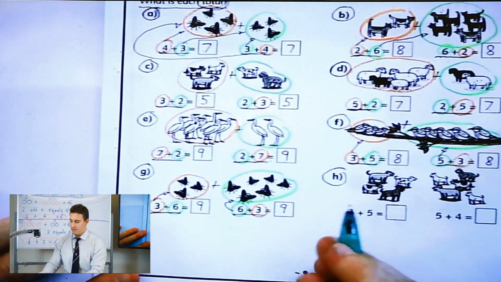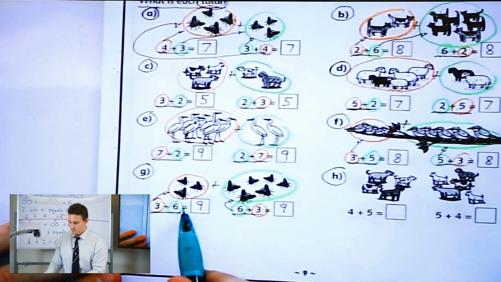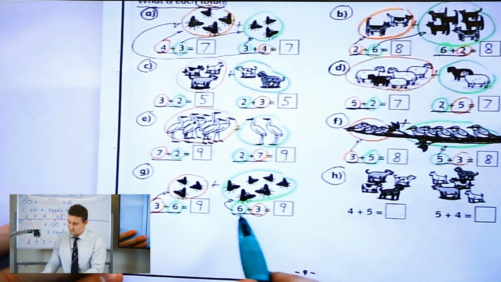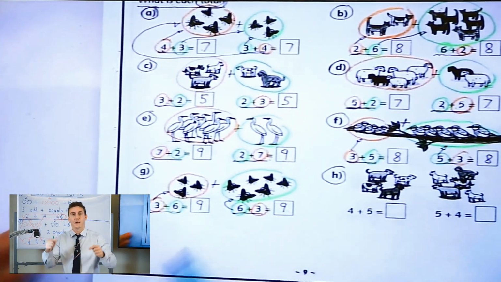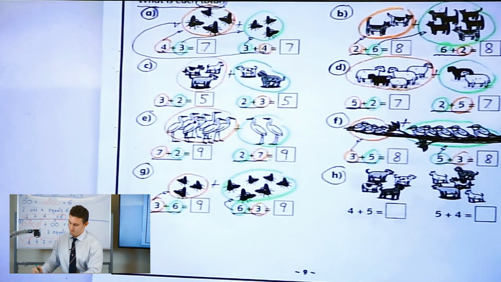So again you will see that 3 plus 6 equals 9 is the same as 6 plus 3 equals 9. The numbers have changed the order, but the answer is the same.